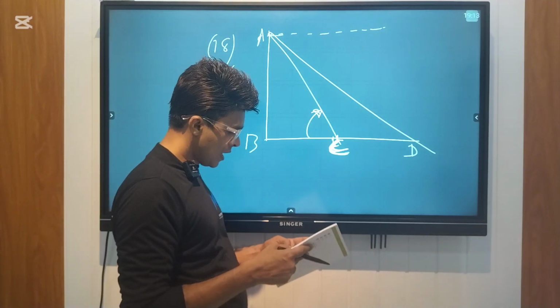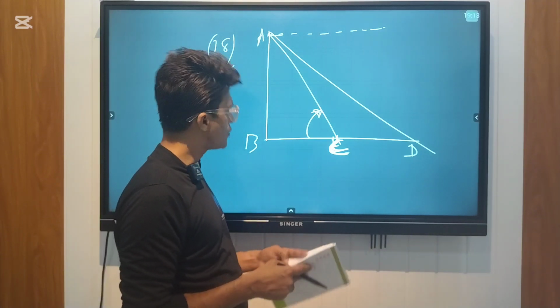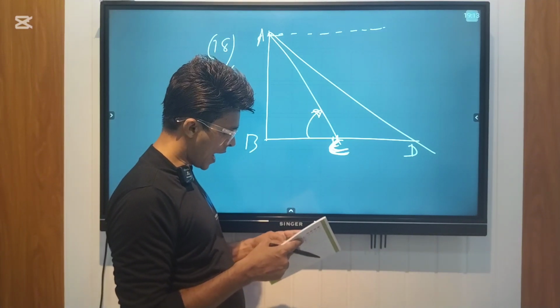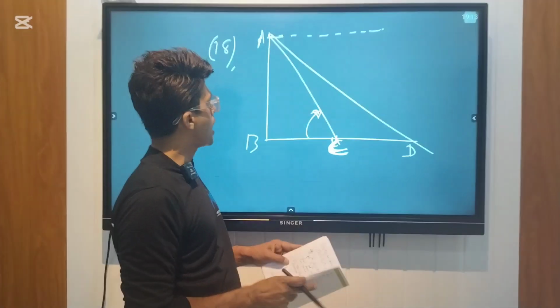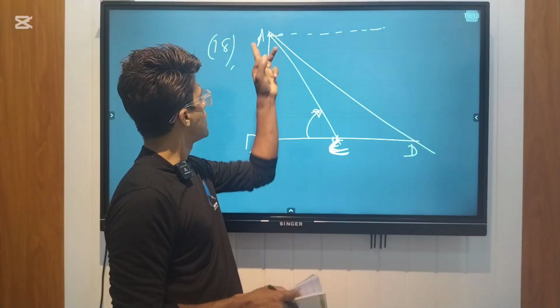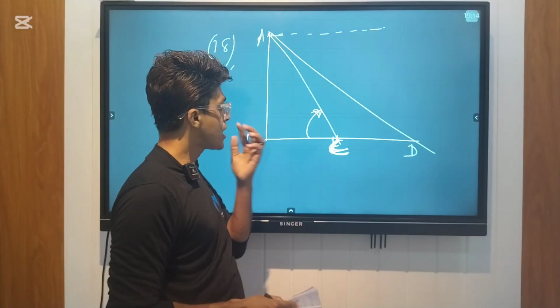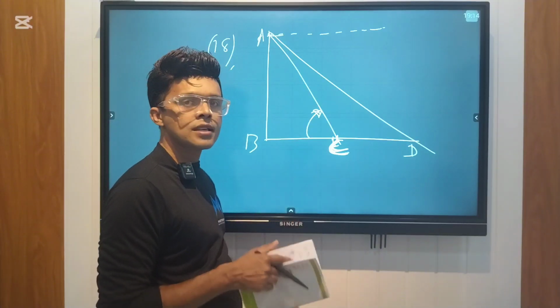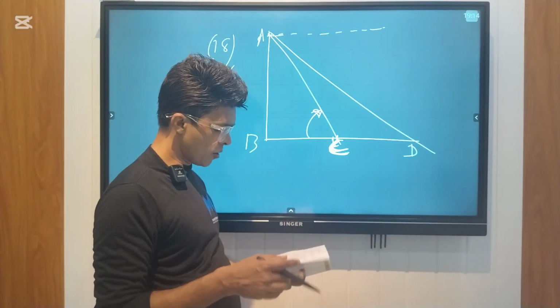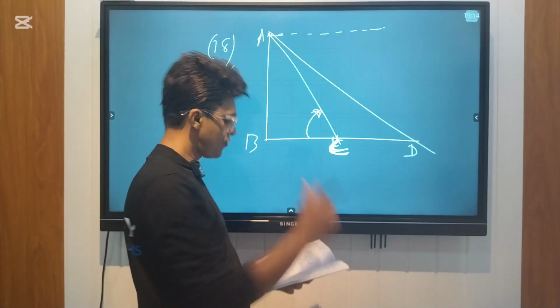This is the answer for the first part. You need to mark here the angle of A when you observe from C. When you observe from C, this is the answer for the first part.